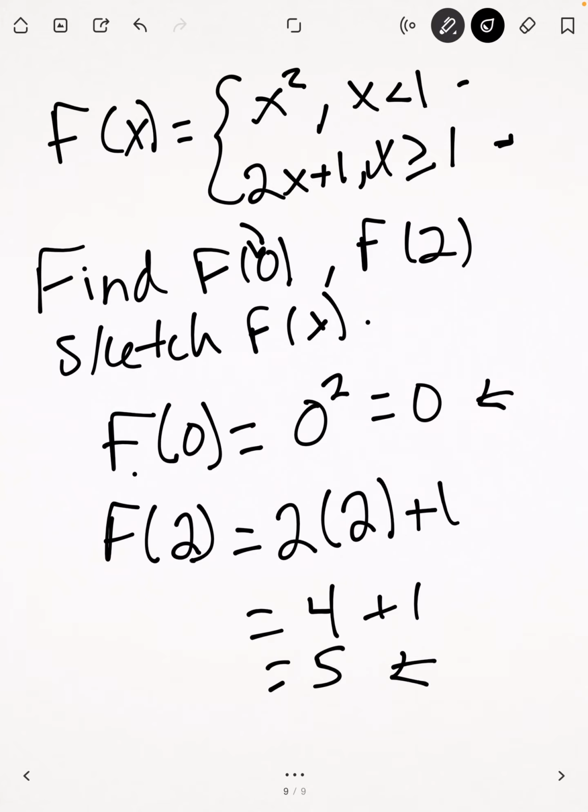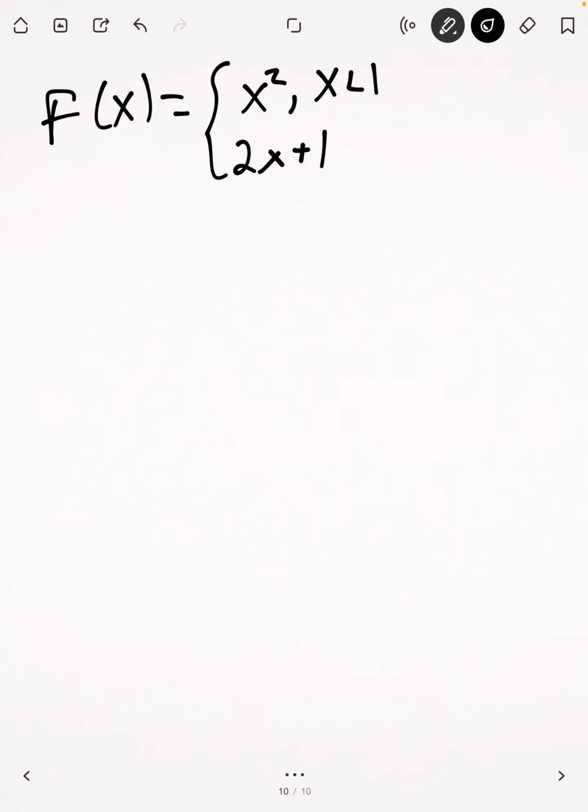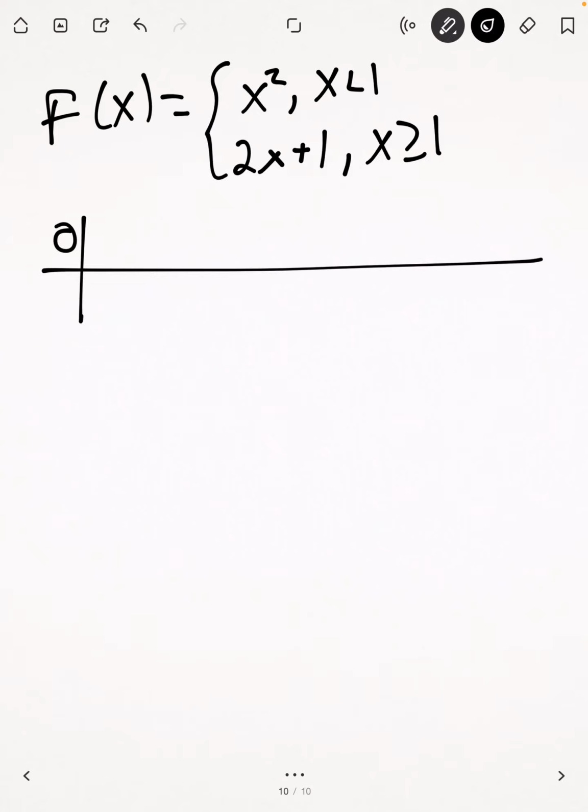And we're going to want maybe just a couple more points, so I'm going to go to another slide and rewrite my piecewise function. F of x equals x squared whenever x is less than 1, and 2x plus 1 whenever x is greater than or equal to 1. Go ahead and make a table. That is our x. This is our big F of x.